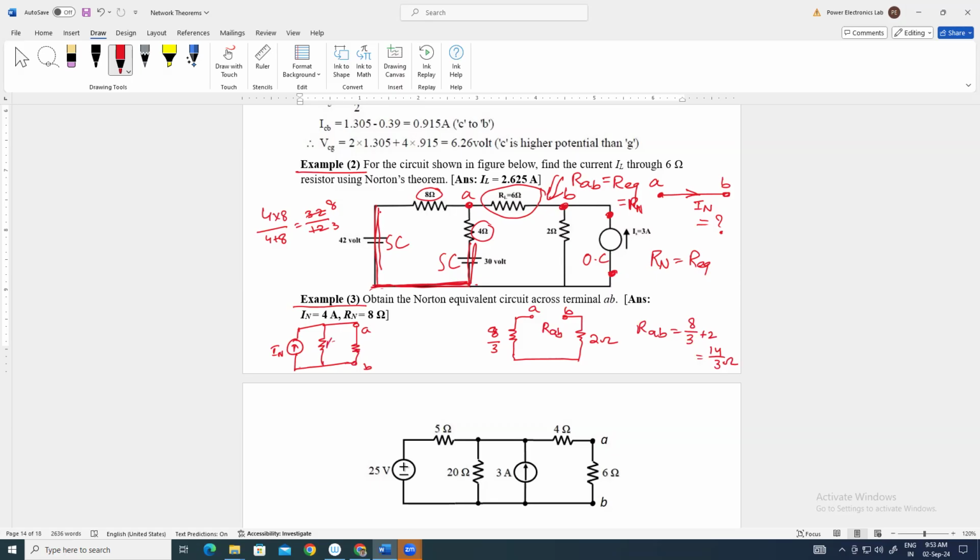IN, this is RN, this is RL. RN is equal to 14 by 3, RL is equal to 6 ohm, and you have to calculate the current flowing through this branch. That will be IL. Clear?